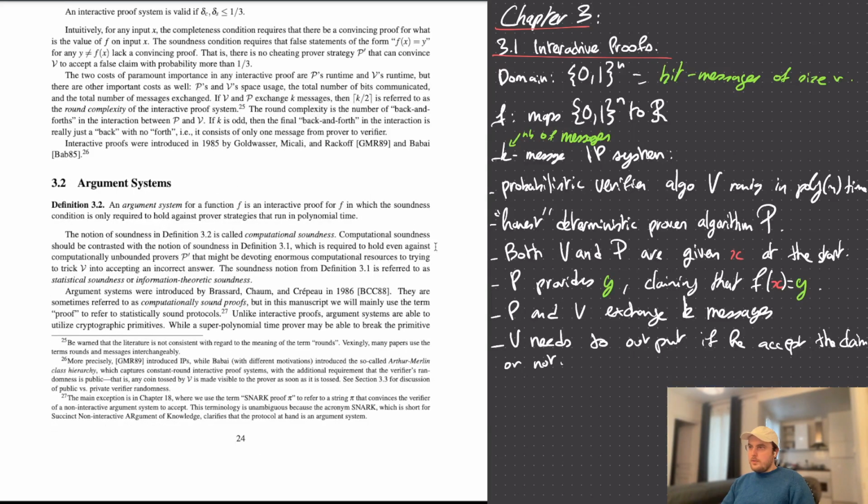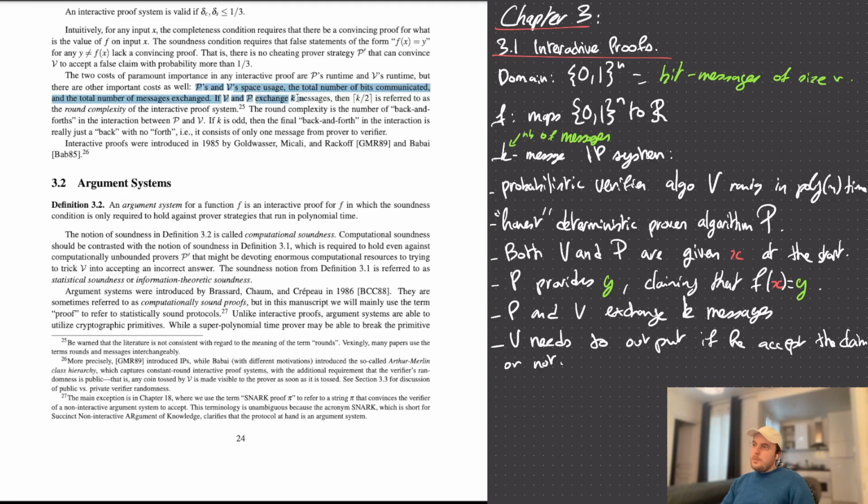The costs of paramount importance are the verifier's runtime and the prover's runtime. But there are very important concepts as well: the space usage, the number of bits communicated, and the total number of messages exchanged.